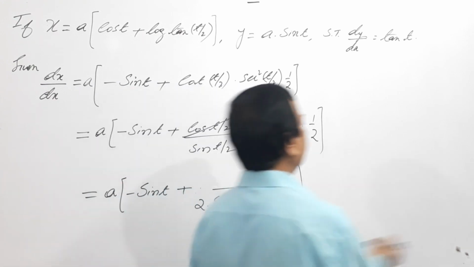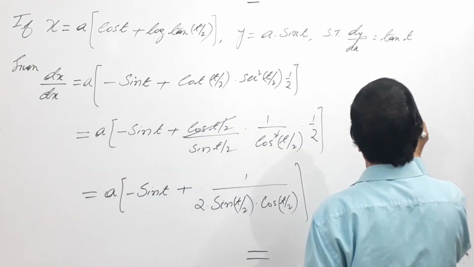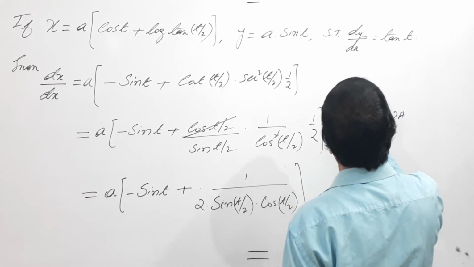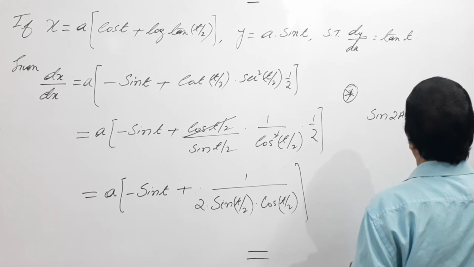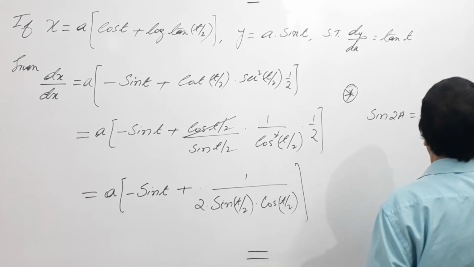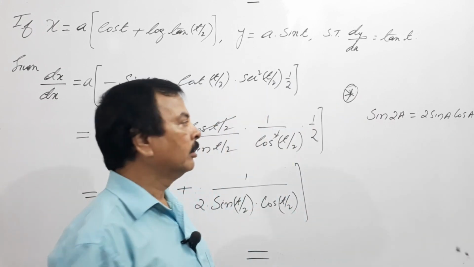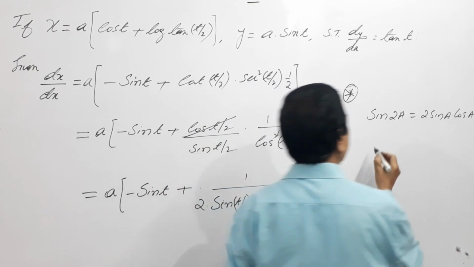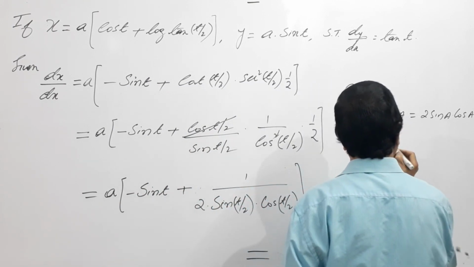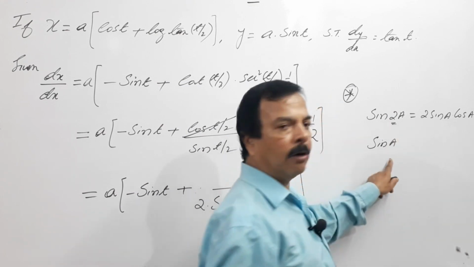What is sin 2a? Note, important relation, this is 2 sin a cos a. Instead of this I will go for half angles. Now here we have 2, but I am going for half angles.